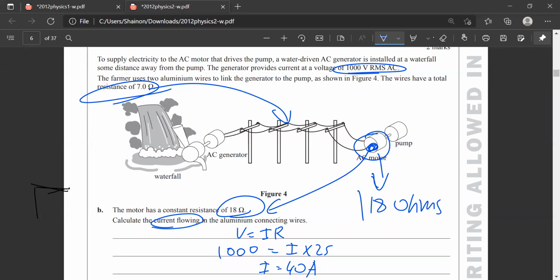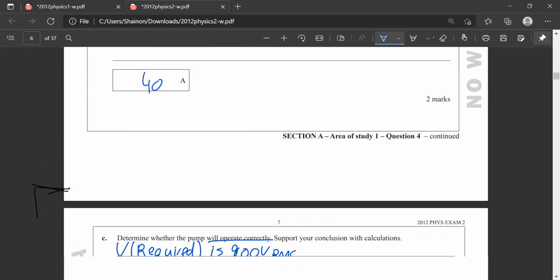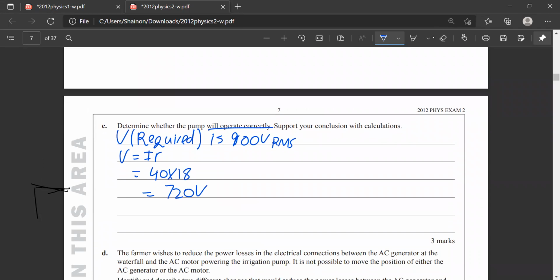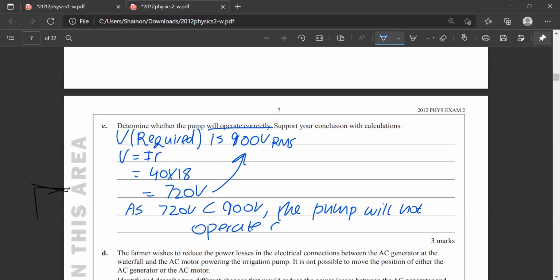So that's the resistance through the AC. So then the V loss is going to be I times R, 40 times 18, which is 720 volts, and this is less than the required amount. So the pump will not operate correctly.